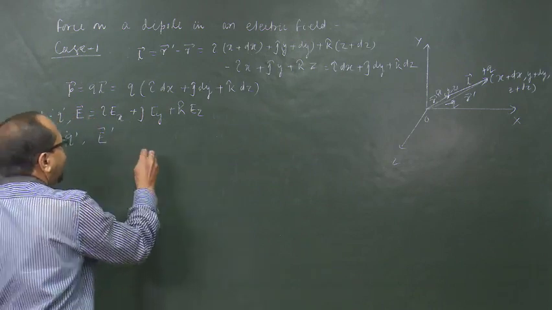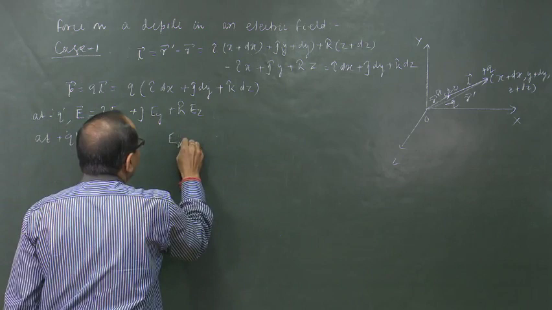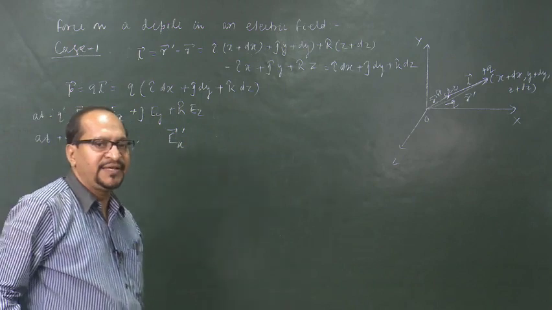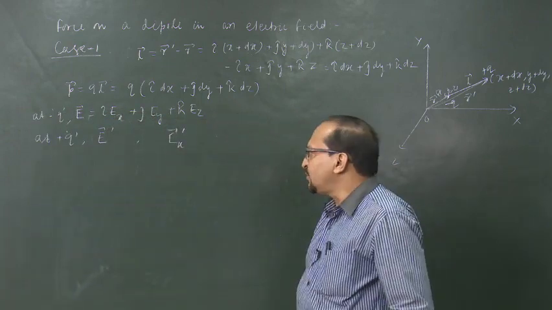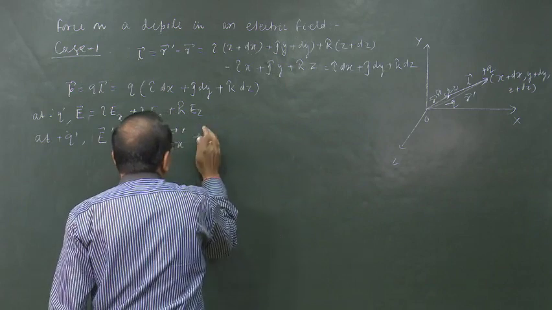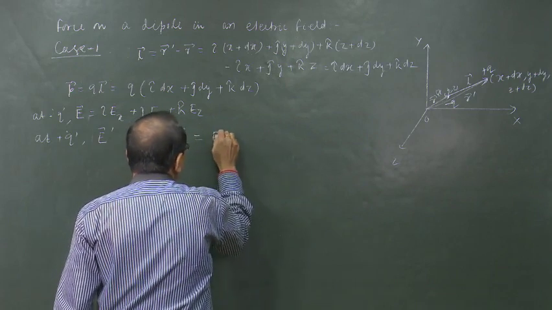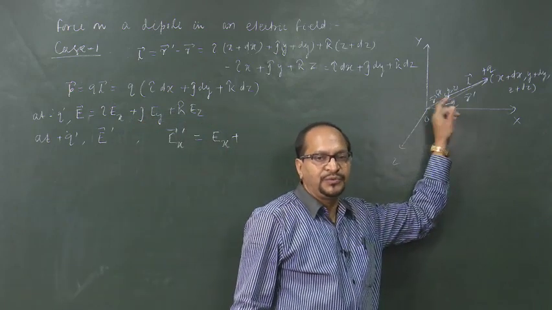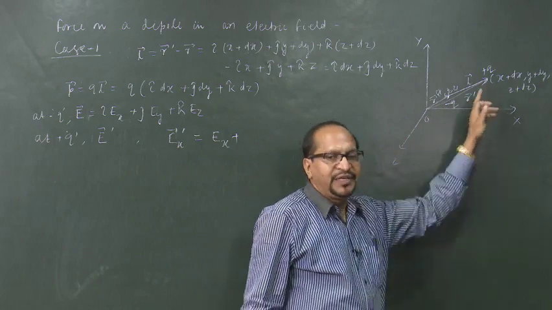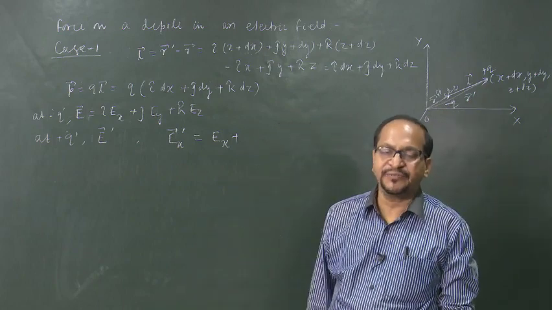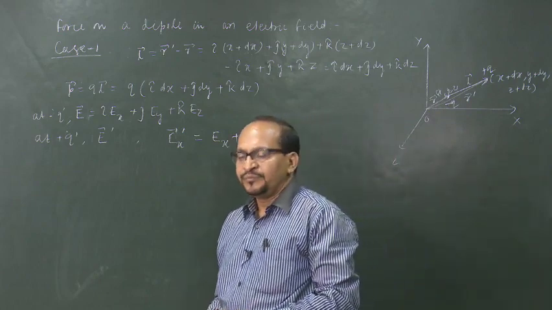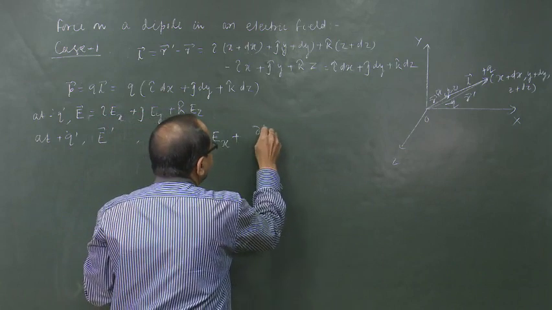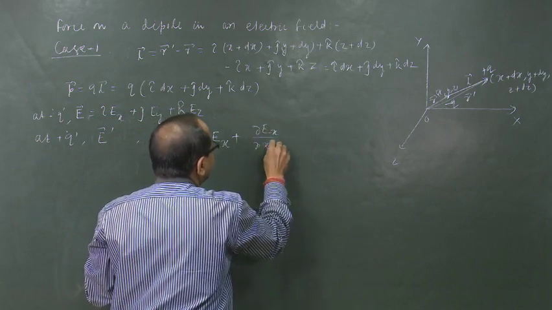Let us find the x component of electric field at charge plus q, that is, say, E x dash. It is equal to E x, the x component of electric field at the location minus q, plus some additional factor. From the partial derivative, this additional factor will be del E x by del x into dx.